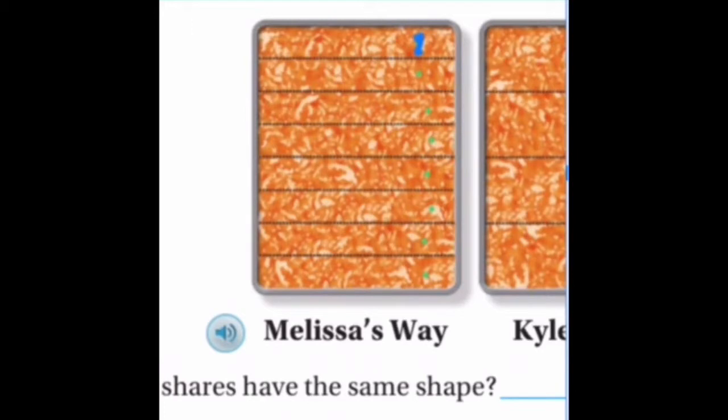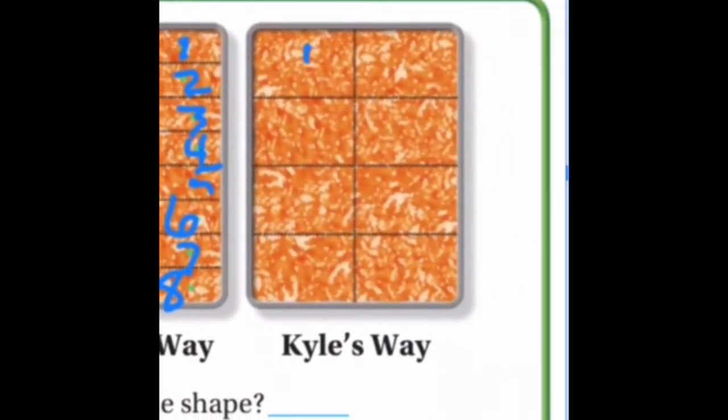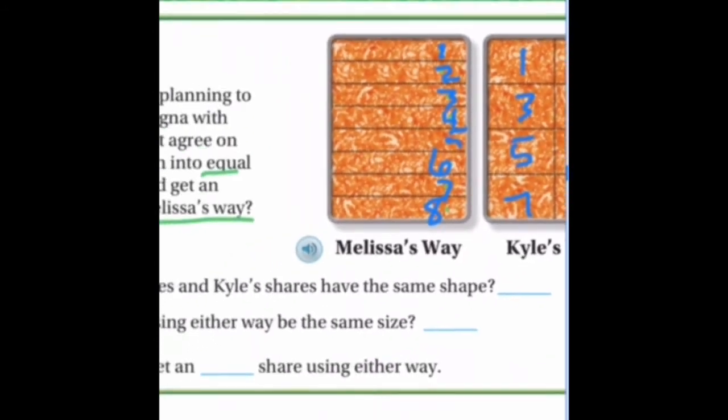So there's Kyle and Melissa, that's 1, 2, and then they have 6 friends. So that's 3, 4, 5, 6, 7, 8. Melissa has divided hers into 8 equal sections, and Kyle, 1, 2, 3, 4, 5, 6, 7, 8. He's also divided his into 8 equal sections.